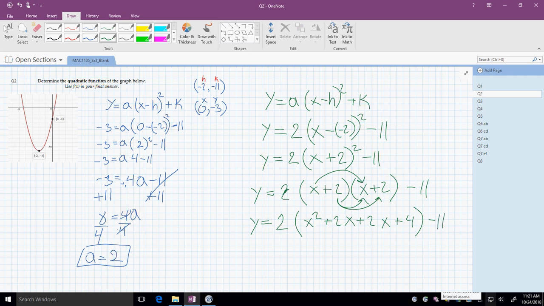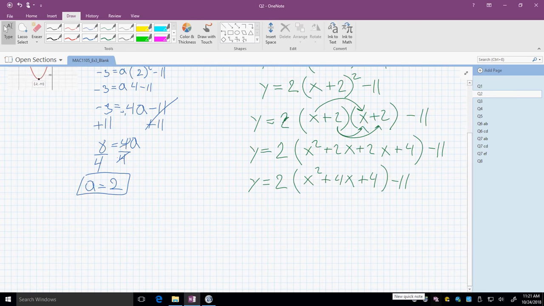Now I'm going to simplify inside the parentheses. The only terms that I can combine are the x terms, so I'm going to have 4x plus 4 minus 11. Now I need to distribute the 2 that is in the front. 2x squared plus 8x plus 8 minus 11.